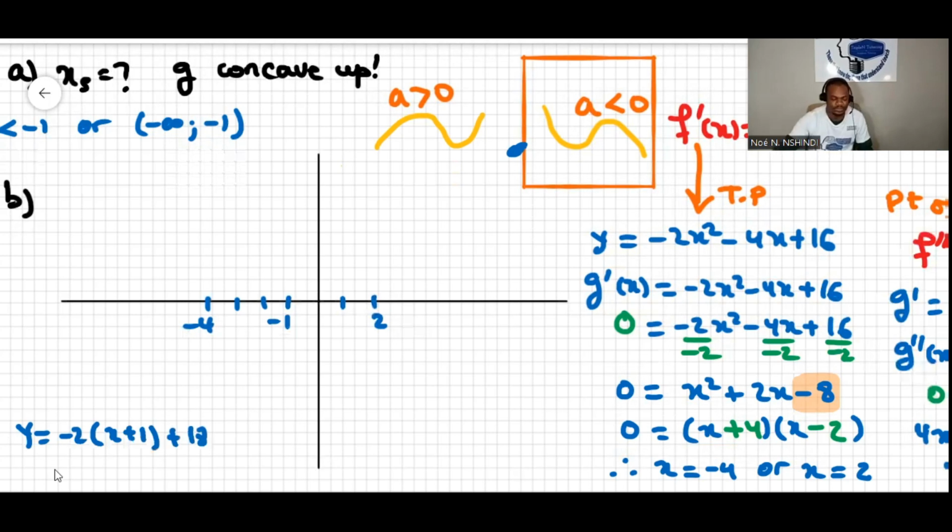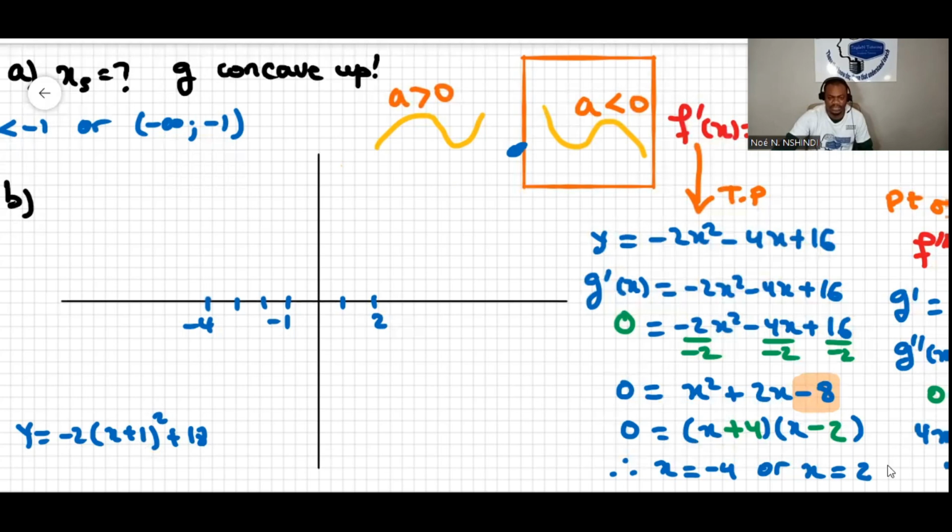So substitute -4 for x: -4 plus 1 is -3, -3 squared is 9, -2 times 9 is -18, plus 18 equals 0.